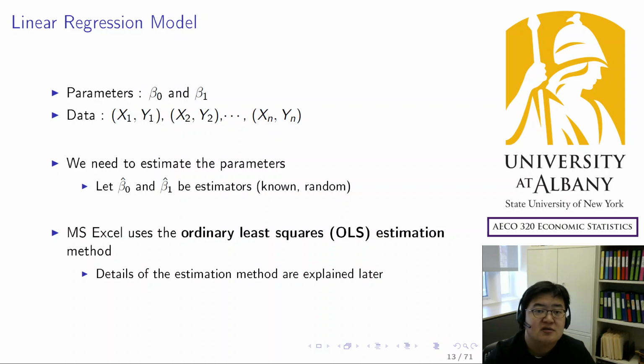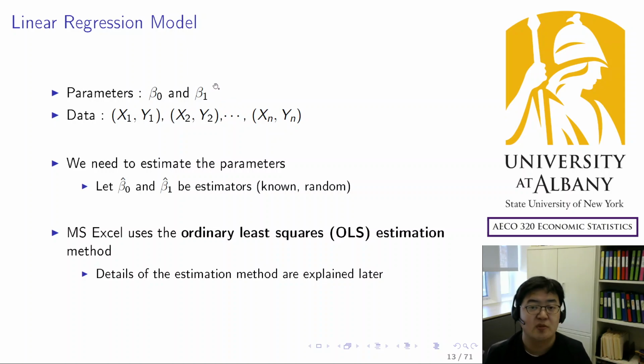So in summary, the parameters we would like to estimate are beta 0 and beta 1: the fixed cost and the marginal cost. Or, depending on the context, beta 1 could be interpreted as the elasticity of price, or the marginal propensity to consume, or the marginal cost.